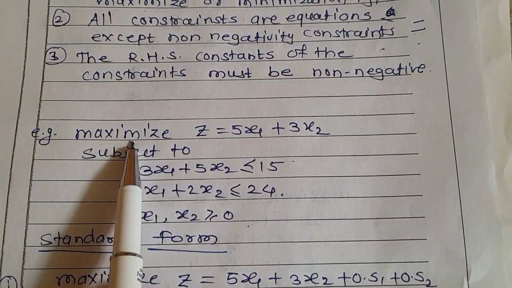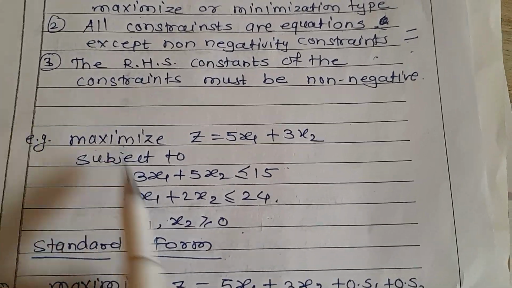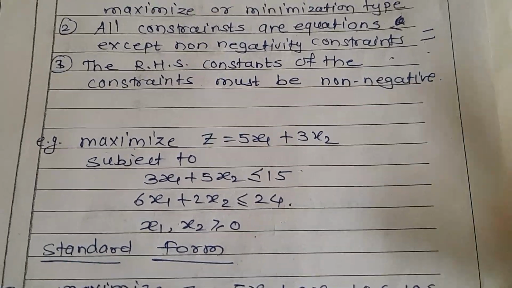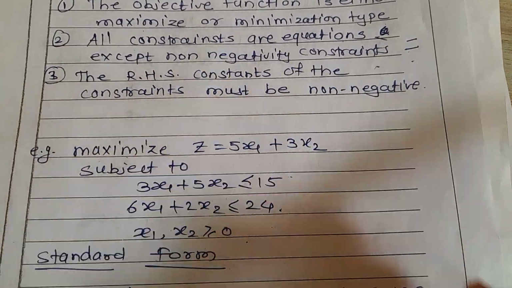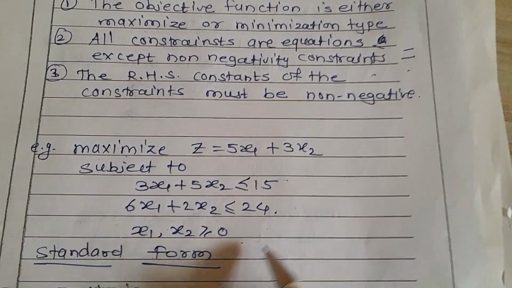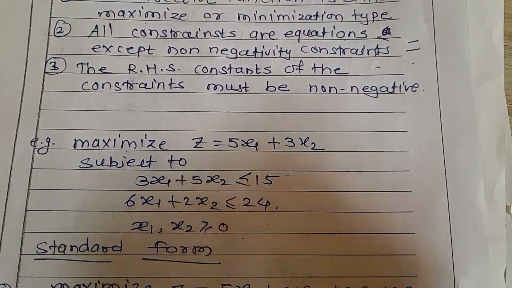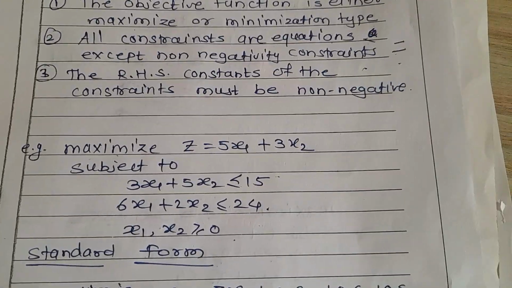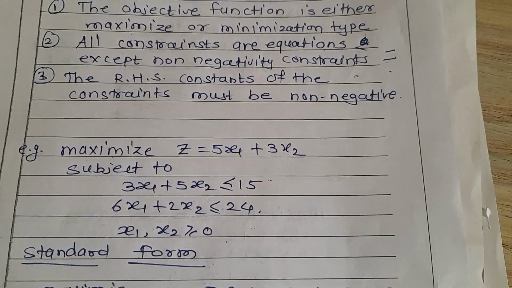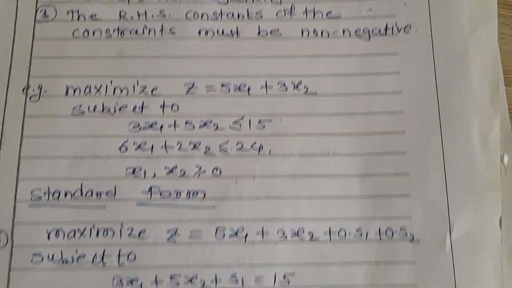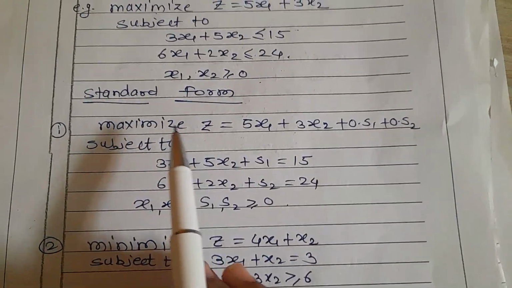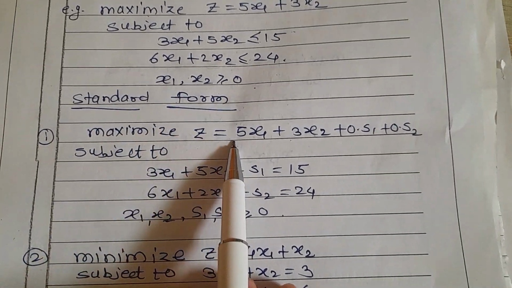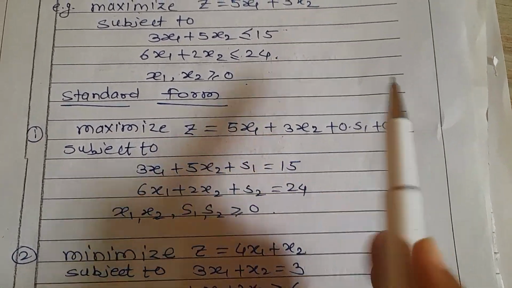Here the objective function is maximize type, so no need to convert it. Second, all constraints must be equations, so here we convert the less than or equal to type constraints to equal to type by adding slack variables.